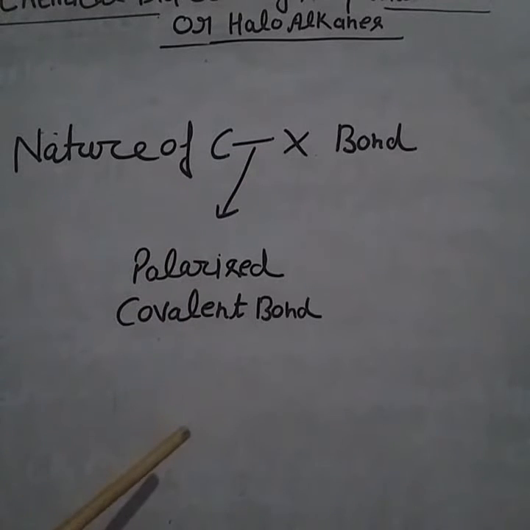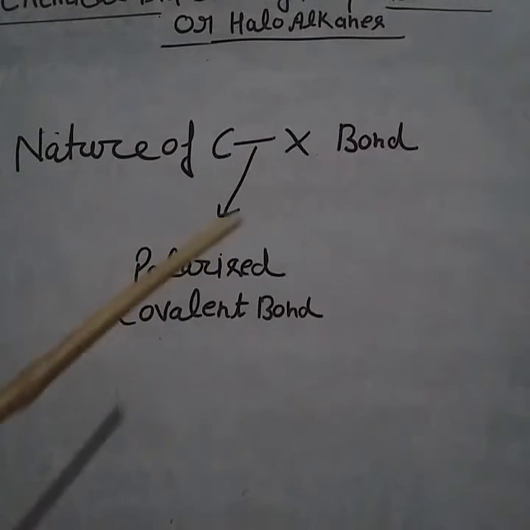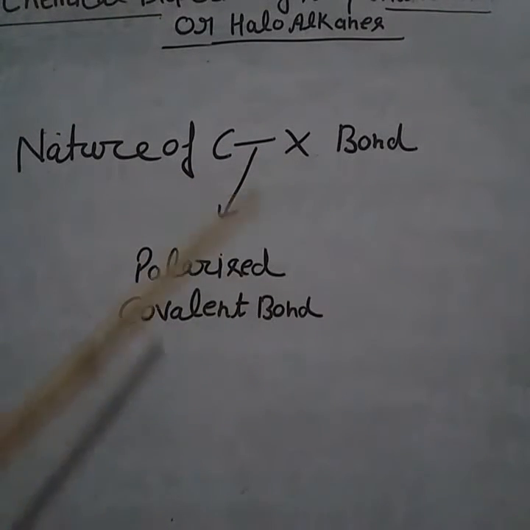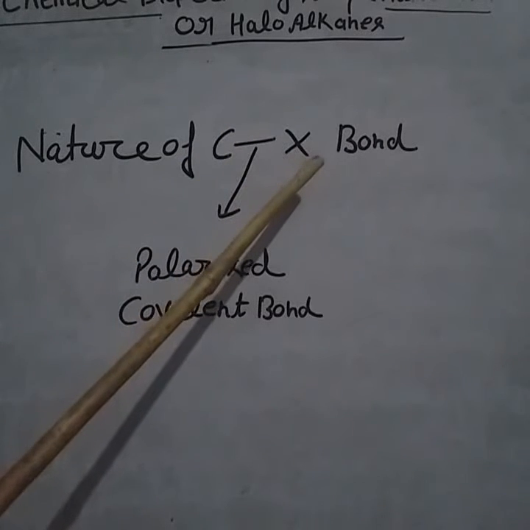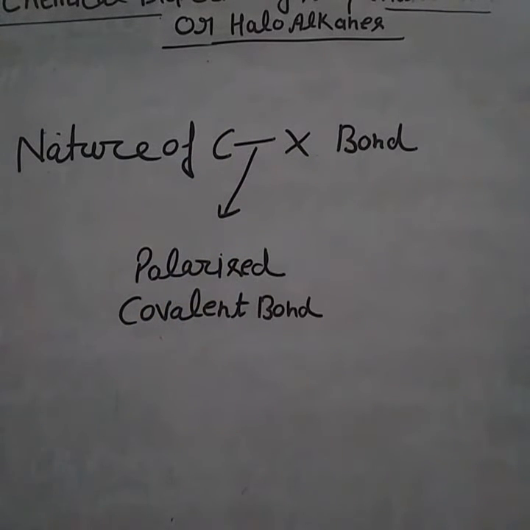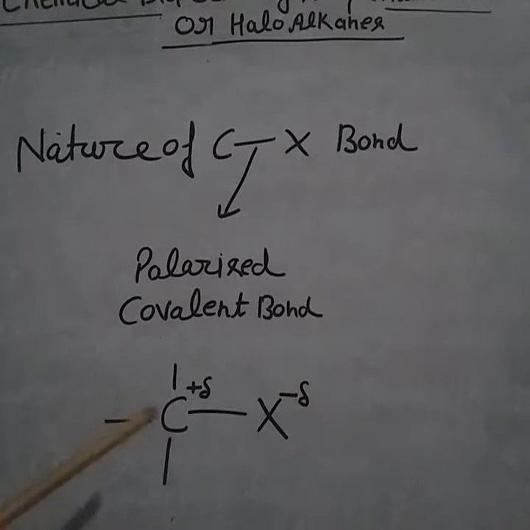So the electrons are pulled to the side of the halogen, then the halogen has a small negative charge and carbon has a small positive charge.